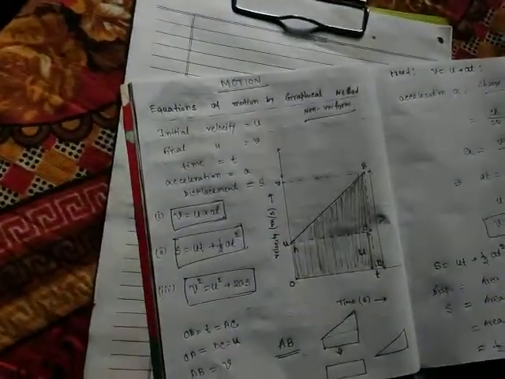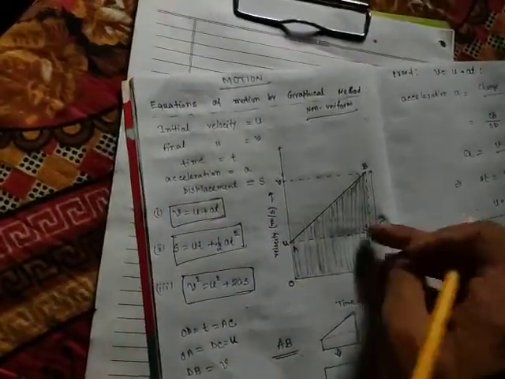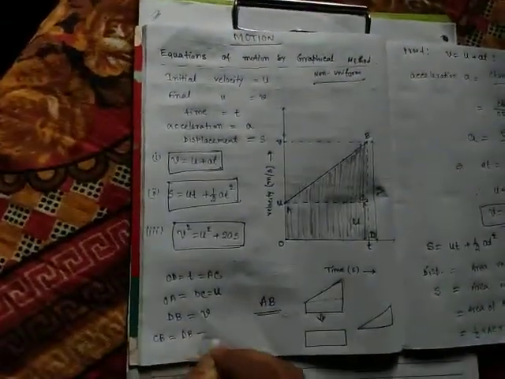Now I want to put the value. S is equal to half into AC into CB. AC means T. So half into T into CB. CB means actually DB minus DC.